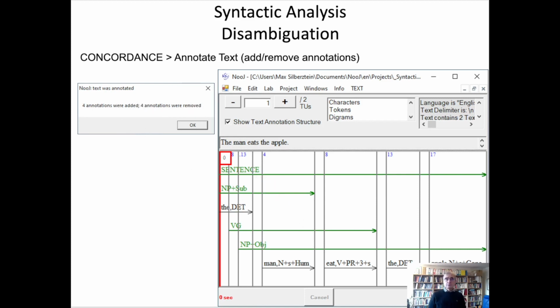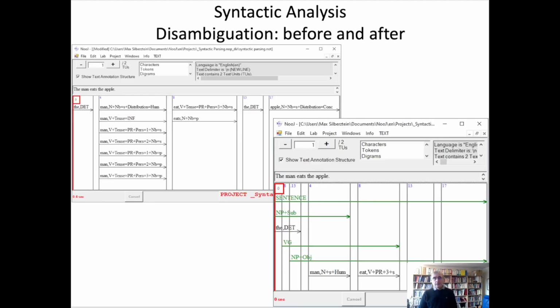If we look before and after the syntactic analysis, you see "man" here has only one possibility, where before it could also be a verb, and the same for "eats", which is now only analyzed as the verb to eat, third person singular.